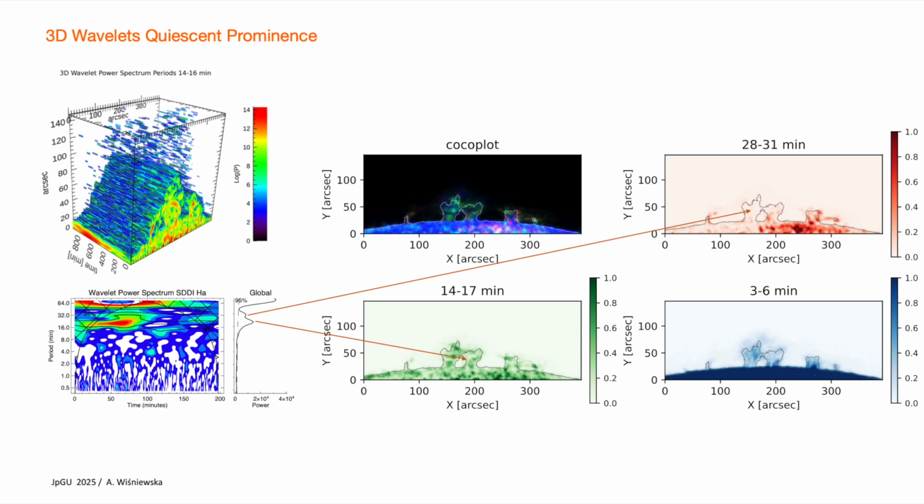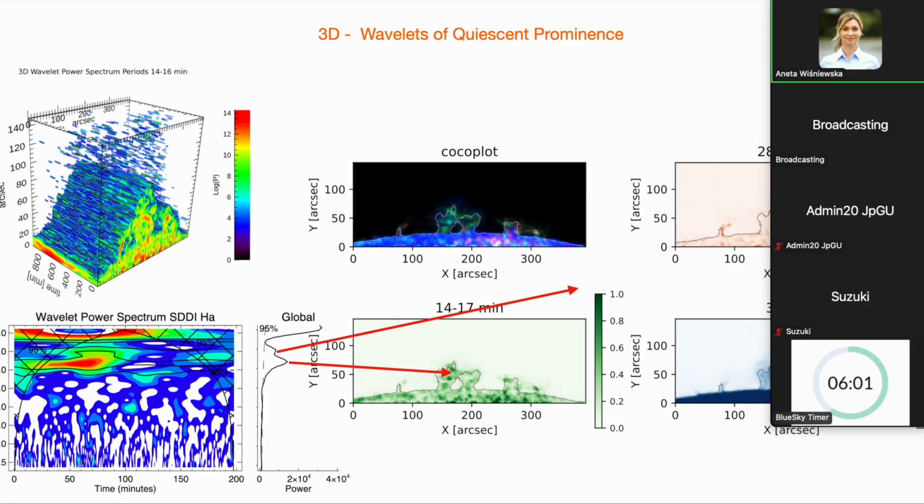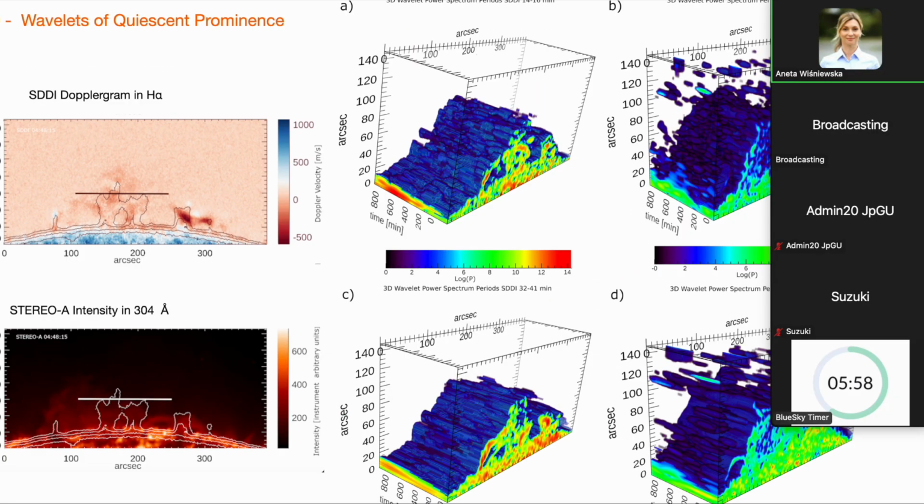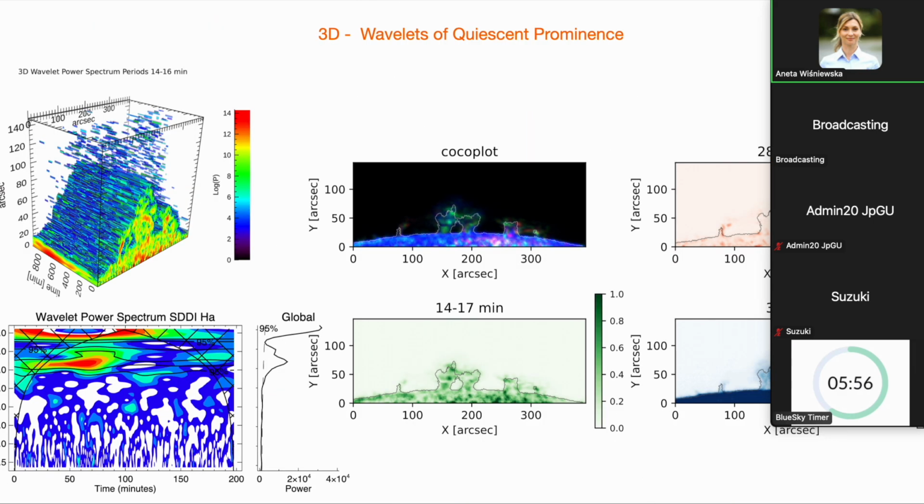However, when comparing this with the 1D wavelet, it becomes clear that the oscillations within 3 to 6 minute periods cannot be considered significant as periodic waves. They might be excited by external drivers, as shown in the blue plot, but these oscillations are mostly present near the solar surface.